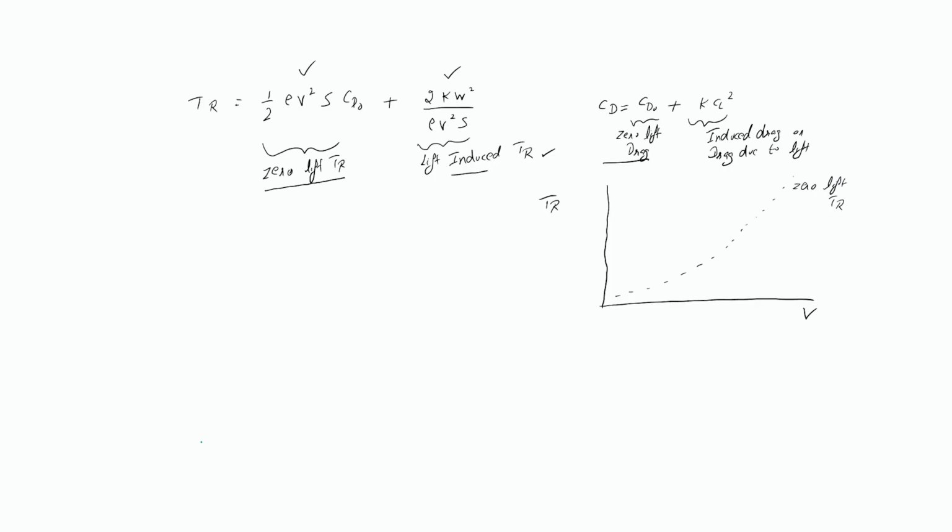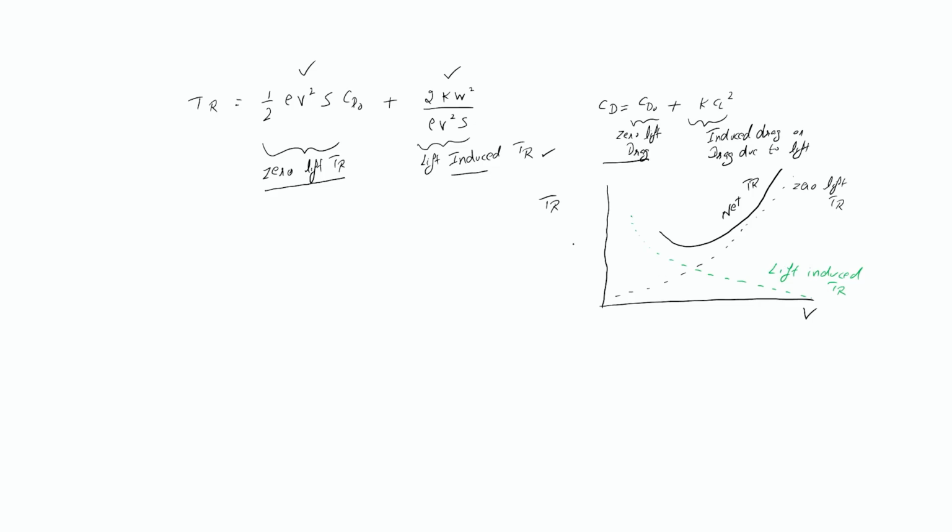So this will be high at lower velocity. So this is lift induced thrust required. Alright. Now the total effect of these two will be the net thrust required. Okay. So this is the net thrust required.